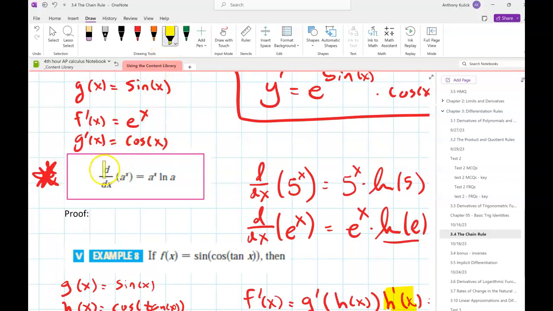This is the 3-4 problem. Oh, 5 to the negative 1 over x.